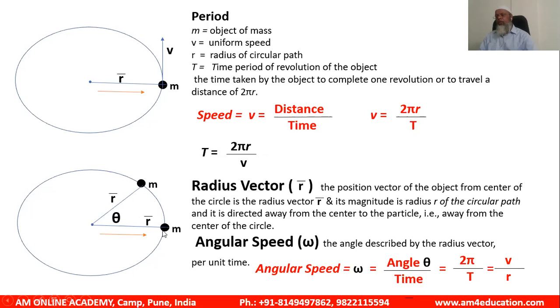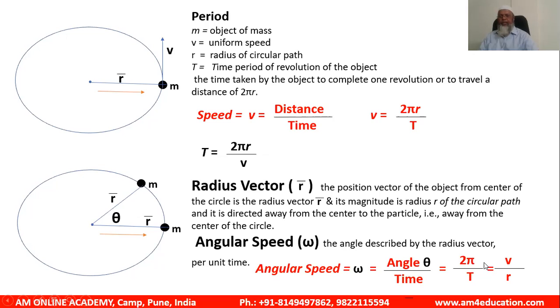Now, for the complete time period capital T, the angle made by the radius vector will be 2 pi. Starting from this point, from here to here pi by 2, then here pi, here 3 pi by 2, and finally here 2 pi. So in one complete revolution, the particle completes an angle of 2 pi. So the angular speed omega will be 2 pi upon T, or T equals 2 pi upon omega.